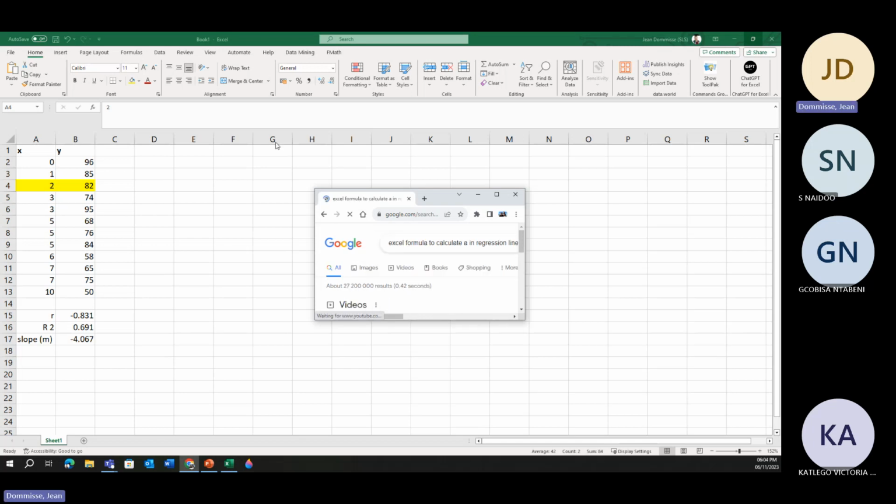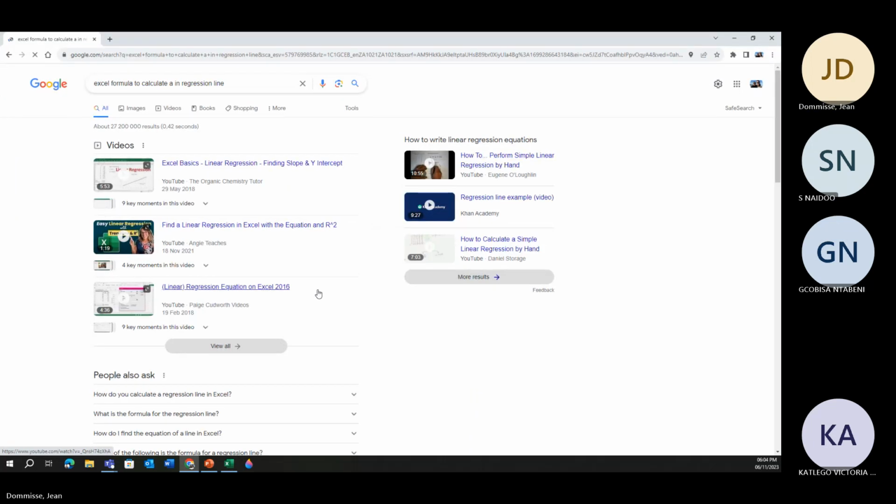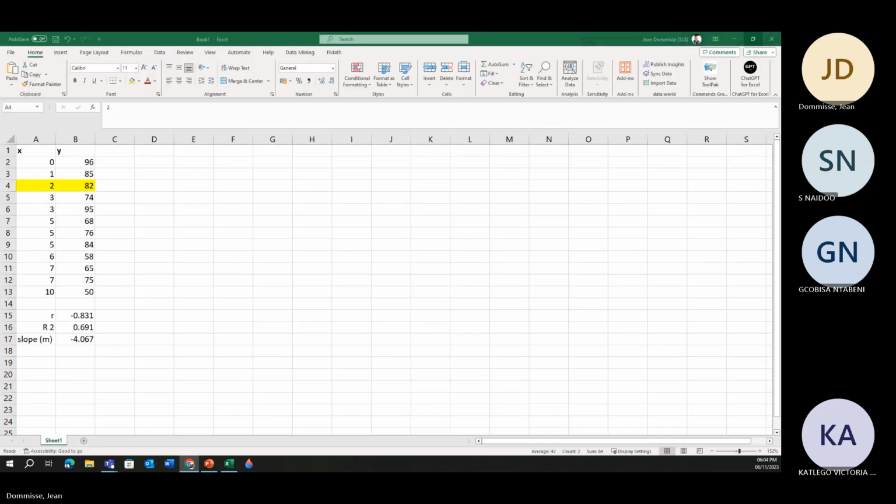Okay, they want me to use the data analysis toolpak. There should be an easy way as well.